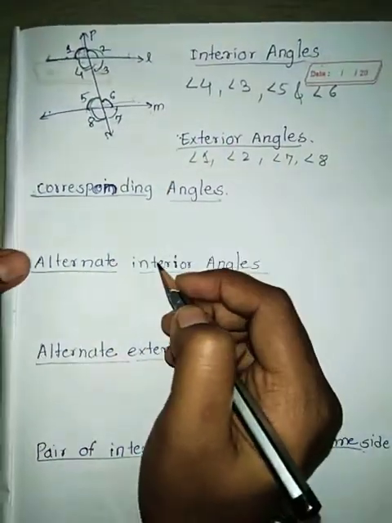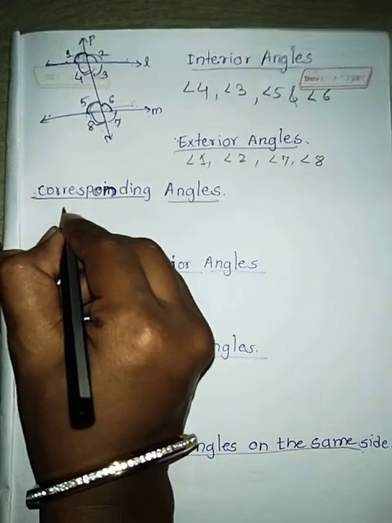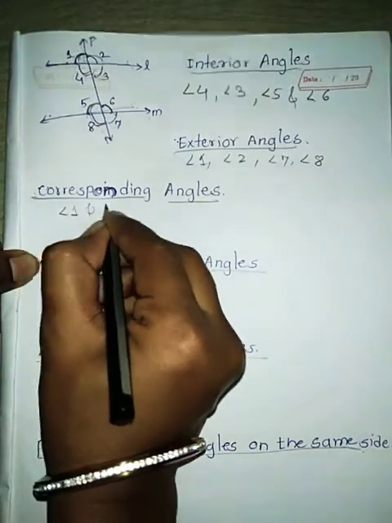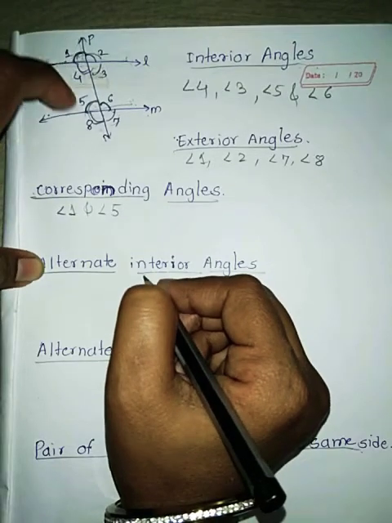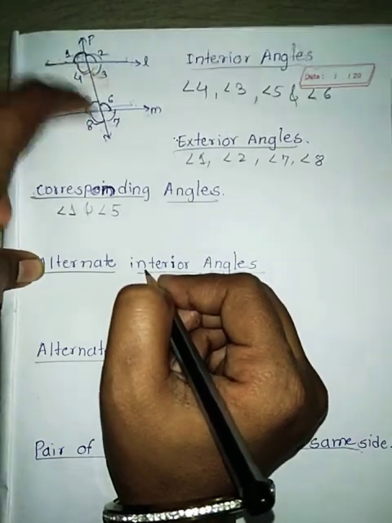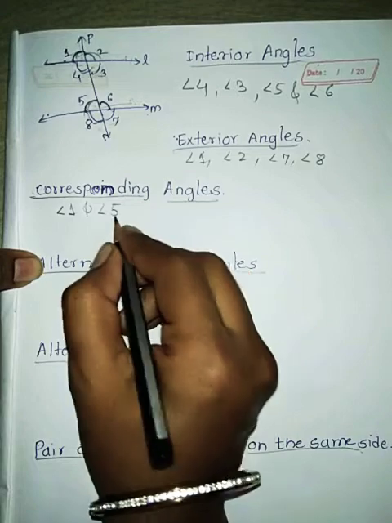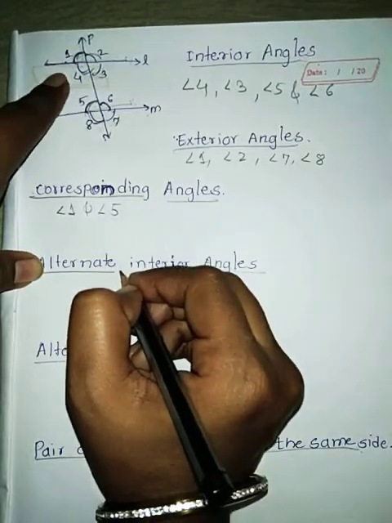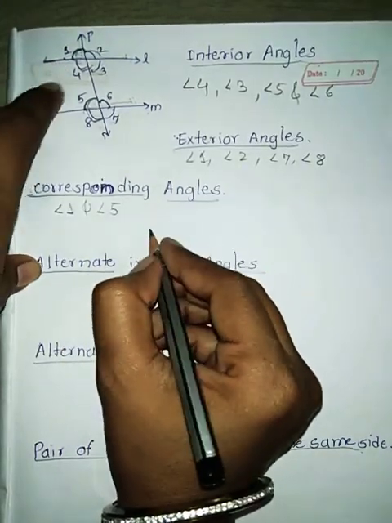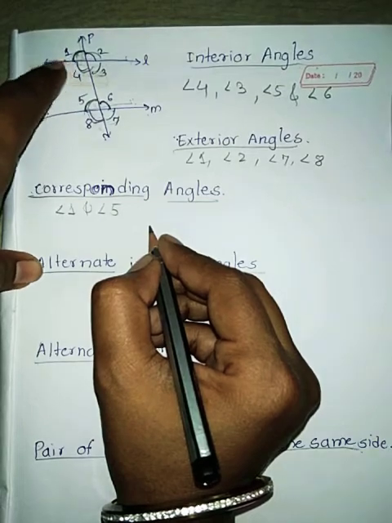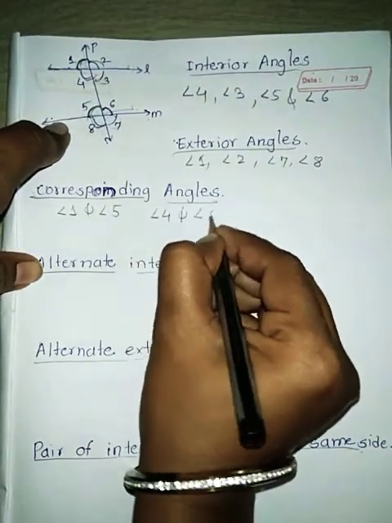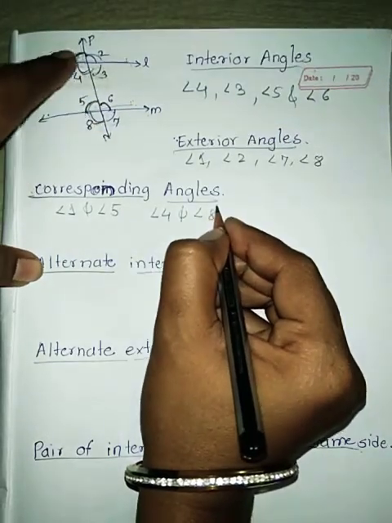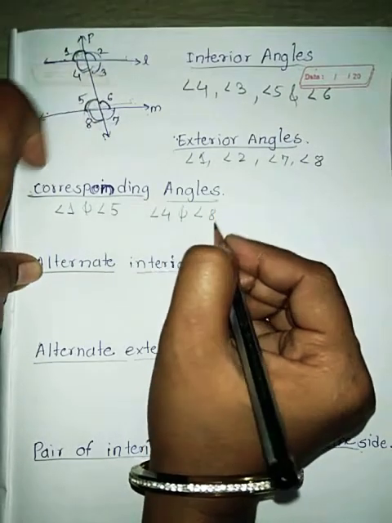So the corresponding angles are angle 1 and angle 5. See, upside and upside on the left side are corresponding angles. Next, angle 4 and angle 8: downside and downside on the same side, that is the left side.